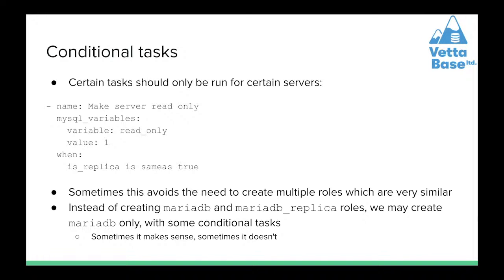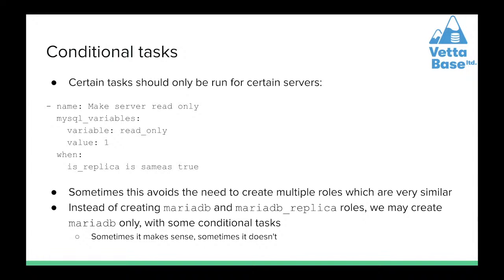Sometimes this avoids the need to create multiple roles which are very similar, right? Basically, instead of creating roles MariaDB and MariaDB replica, we can create only one role called MariaDB, and we can have some conditional tasks in it. Sometimes it is a good idea, sometimes it is not.